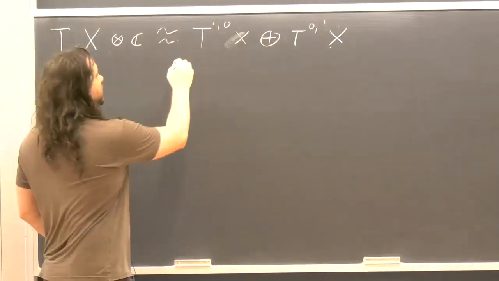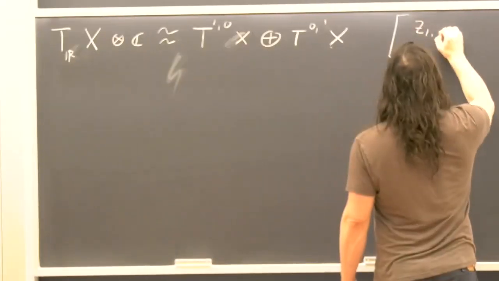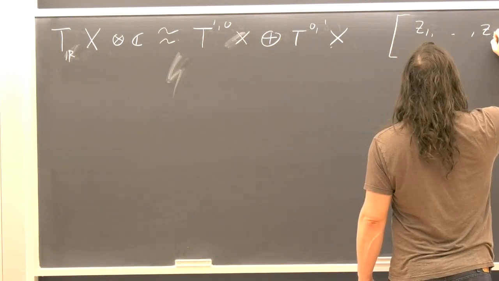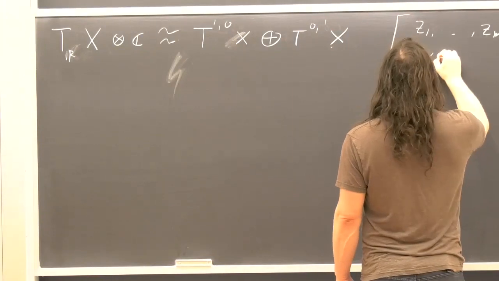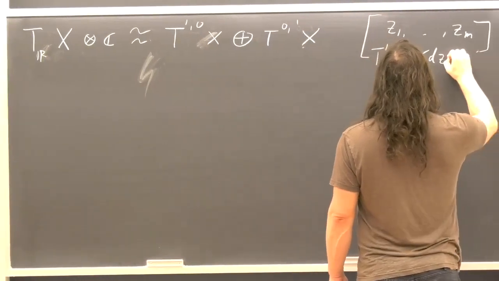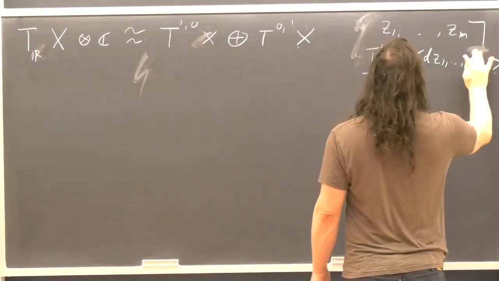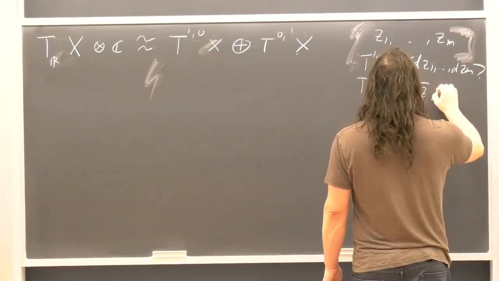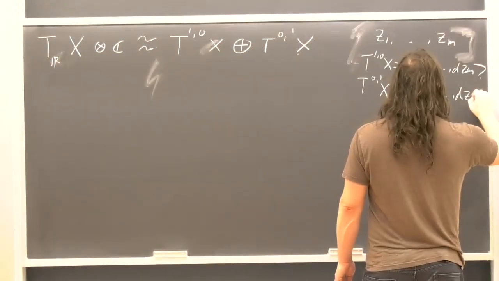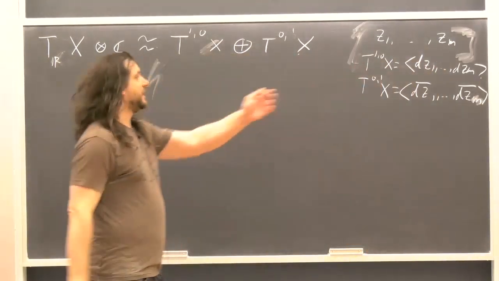Concretely, if we have coordinates z_1 through z_m on X, then T^{1,0} is the span of dz_1 through dz_m, and T^{0,1} is the span of dz_1 bar through dz_m bar. So the holomorphic and anti-holomorphic parts.